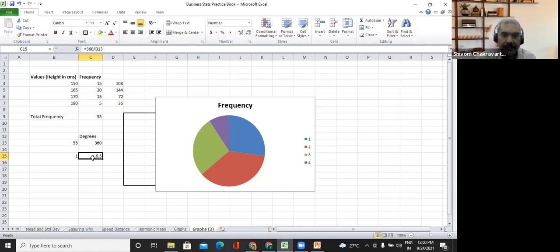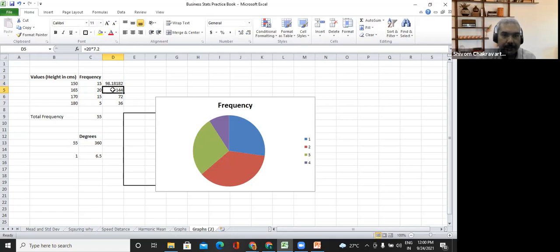Now each unit of the frequency corresponds to 6.5 degrees. Now here nothing has changed. Why? Because I have manually typed it. I have not used cell referencing. If I use cell referencing, 1 corresponds to 6.5 degrees, so 15 will correspond to 15 multiplied by 6.5 degrees.